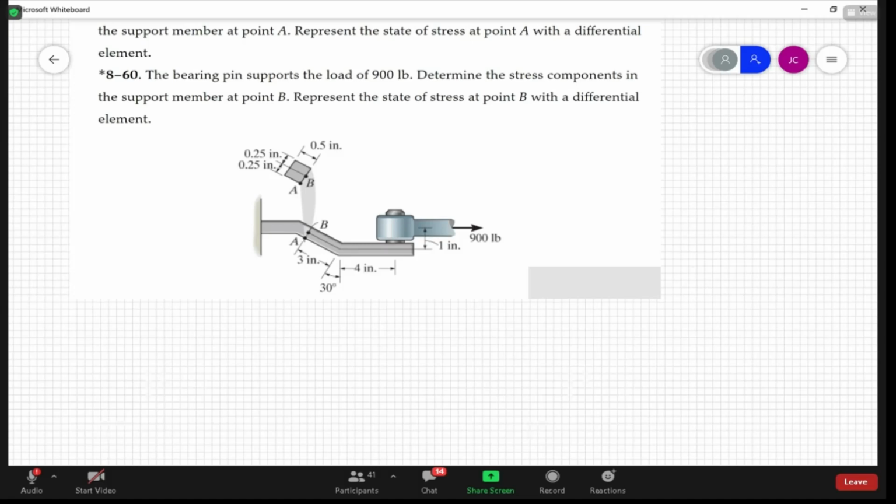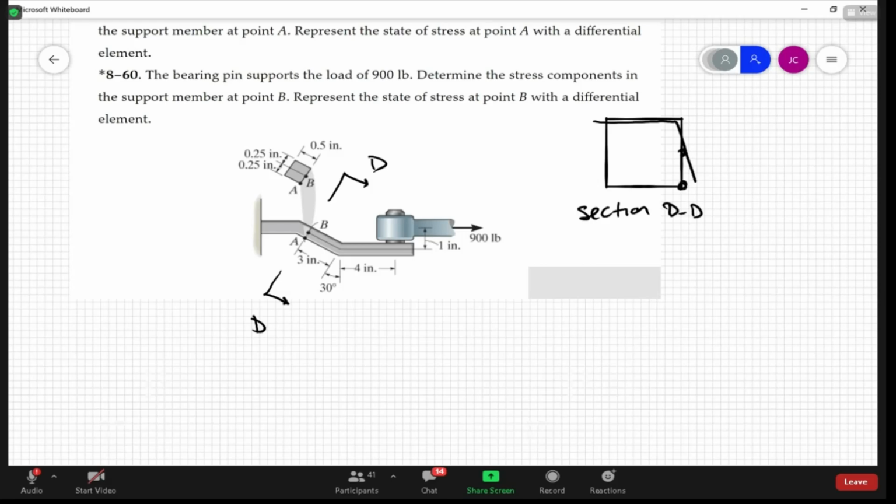Technically, if we were to do an engineering drawing so it's perfectly clear, and you drew section D, it would look like this, except it would be square. Looking down the end, this would be point A, and this would be point B, and that's the cross section.